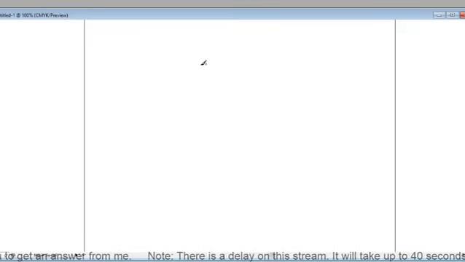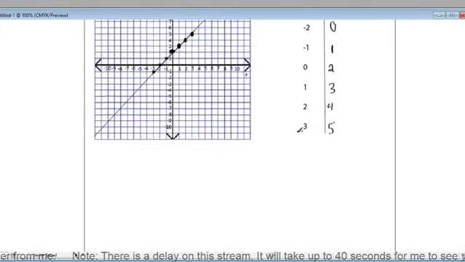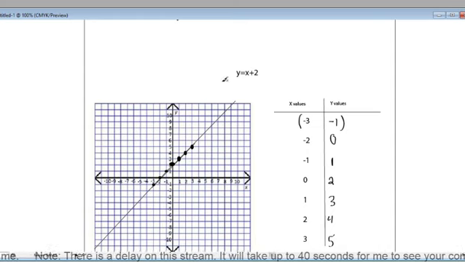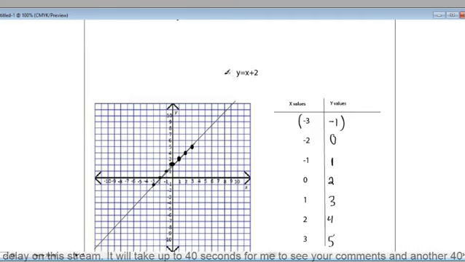So, one thing to keep in mind is that we are not always going to be given something like this, where we have y equals x plus 2. This is a very nice, neat, simplified, clean linear equation here.